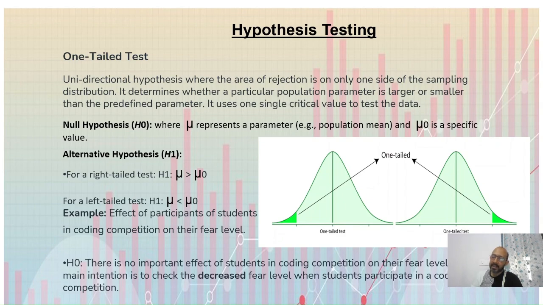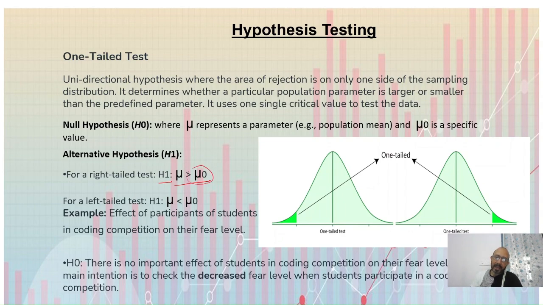Null hypothesis: mu represents a parameter and mu 0 is the specific value. Alternative hypothesis for a right tail, that is H1: mu greater than mu 0. Mu 0 is your null hypothesis population mean.